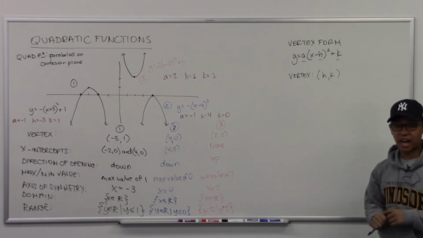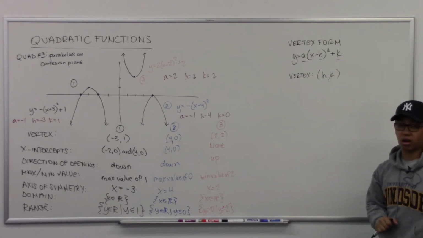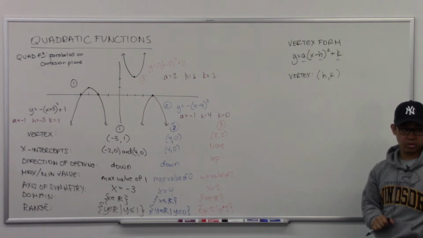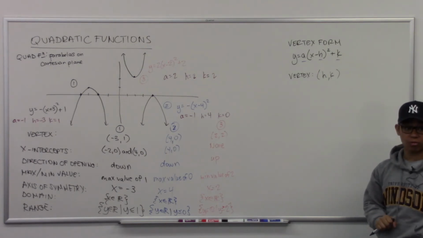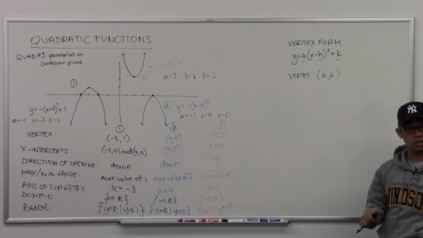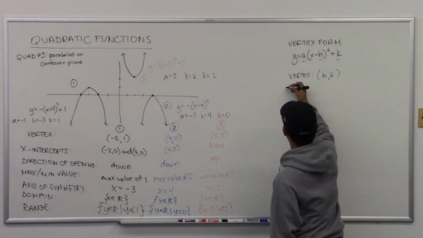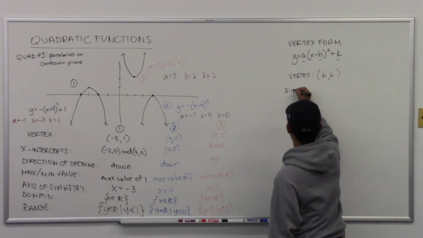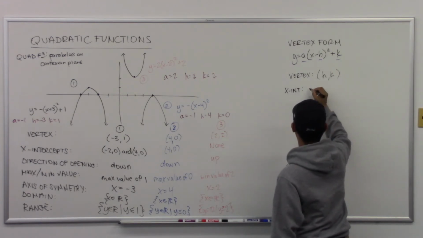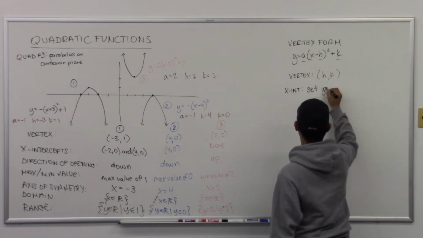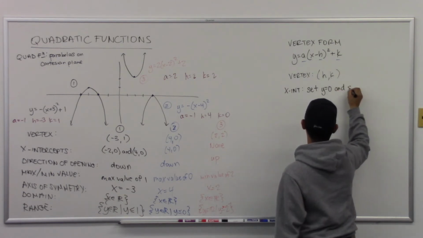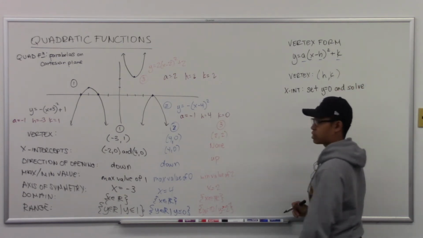You cannot tell what the x-intercepts are from vertex form. Vertex form is good for finding the vertex, but it is not good for finding x-intercepts. So for this, you have to set y equal to 0 and solve. It's not an easy process. We'll talk about that later, though.